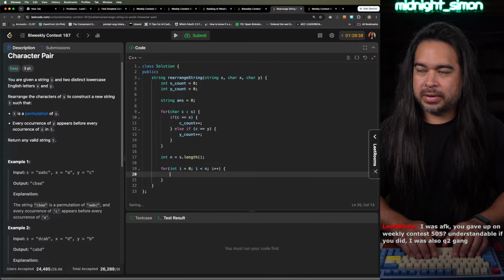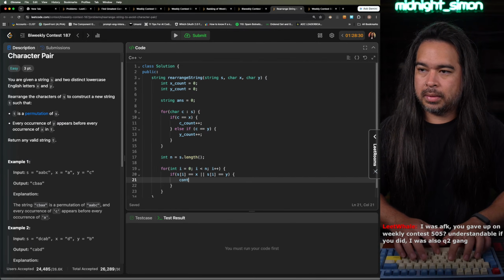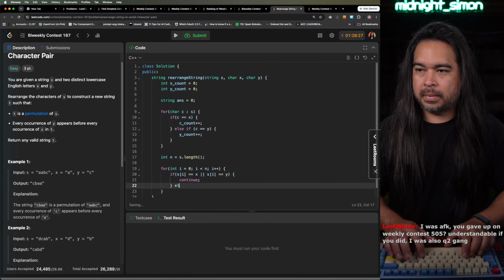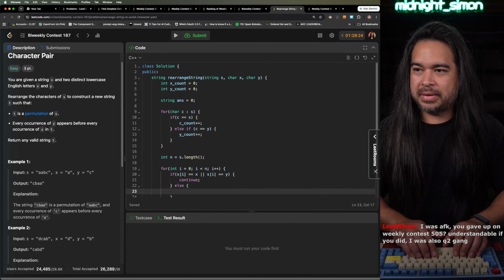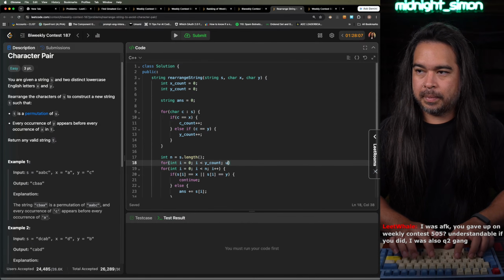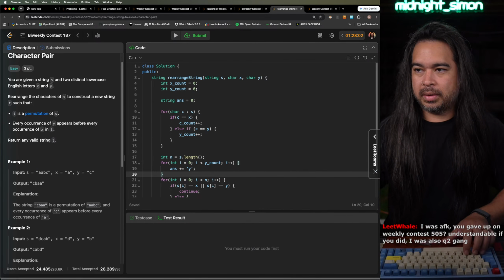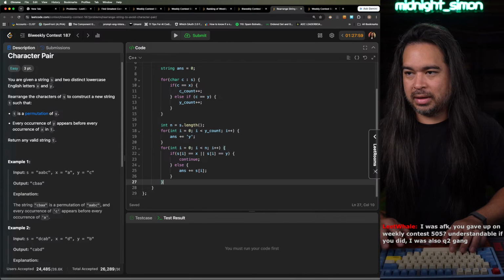How do you reconstruct? So if it's X or Y, continue, otherwise add that character. But then they say all the Y's appear before all the X's. So I'll just put Y's in the beginning and then put the X's at the end.